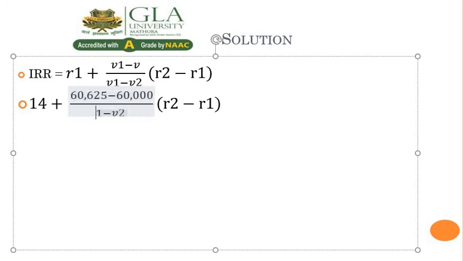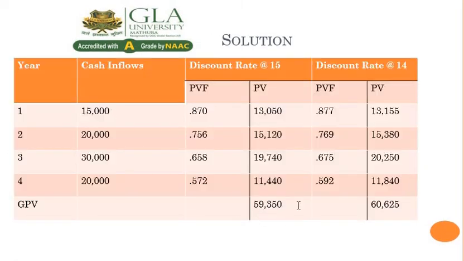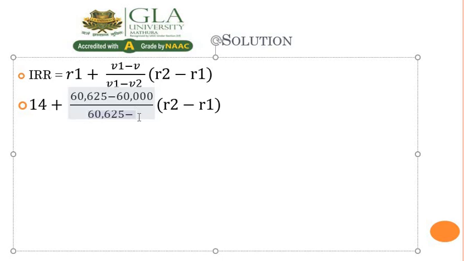V1 is again 60,625, and V2 is 59,350, calculated at the higher discounting rate. R2 is 15% and R1 is 14%.